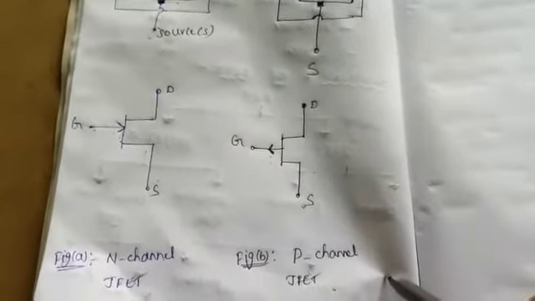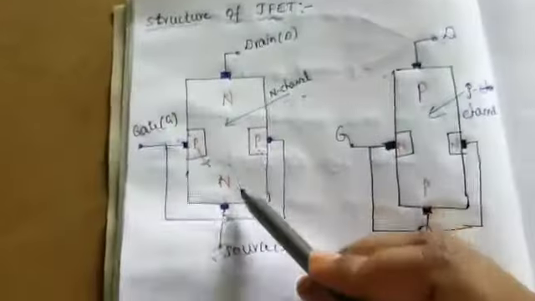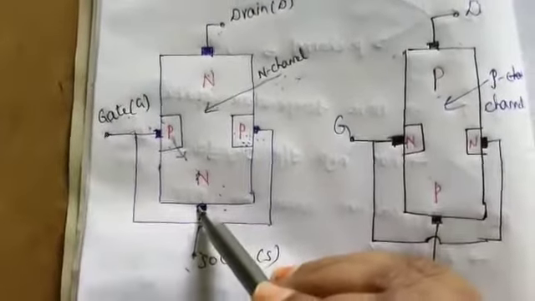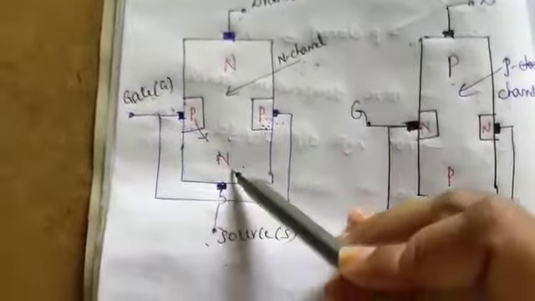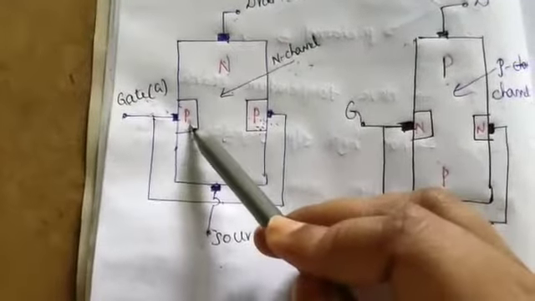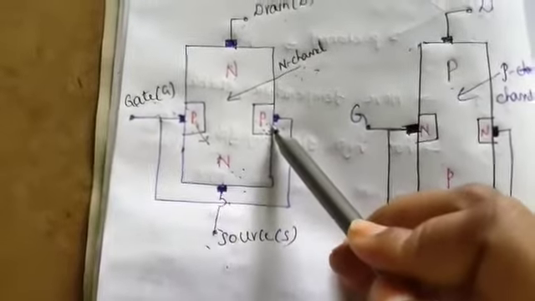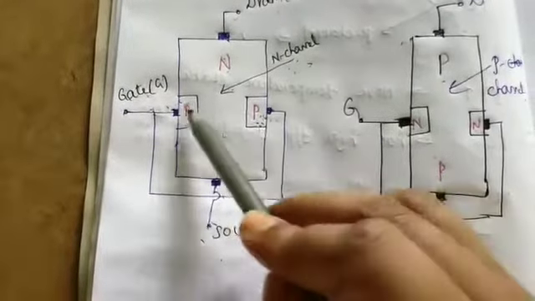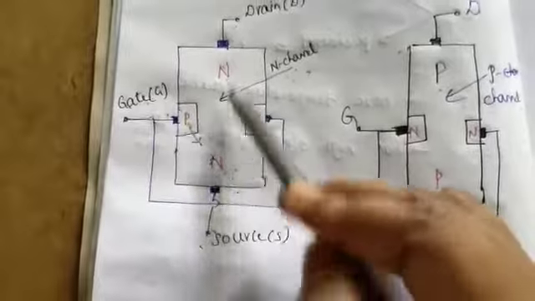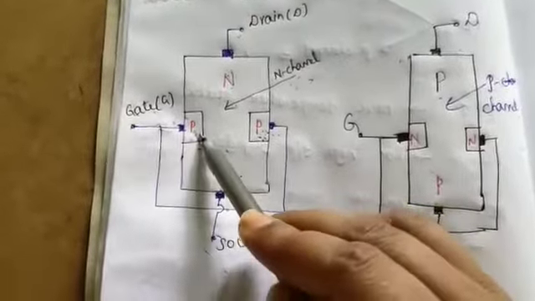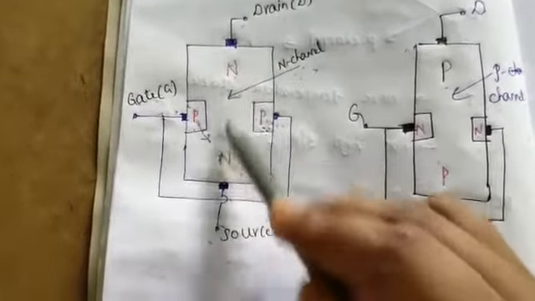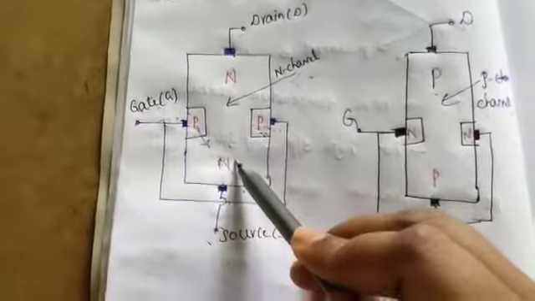First is the N channel JFET. Here an N type semiconductor bar is taken, on which two heavily doped P type semiconductors are placed, one on each side of the bar. These two P type materials are heavily doped compared to the N type semiconductor.